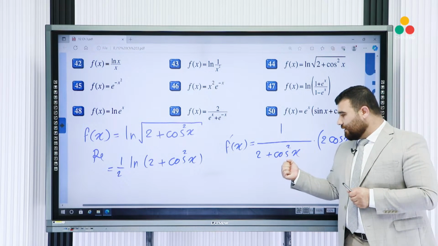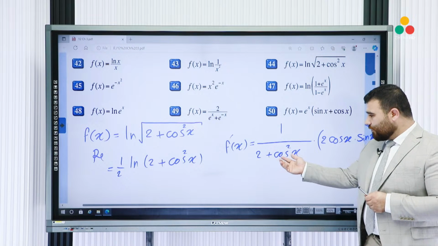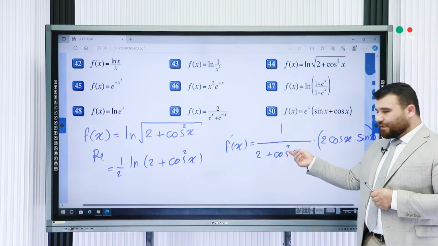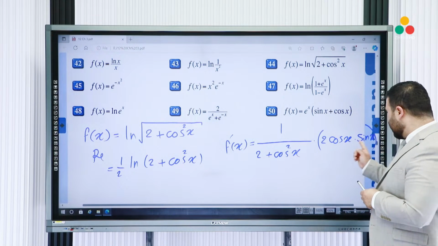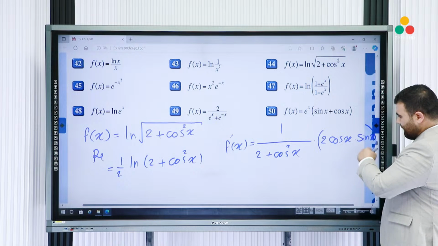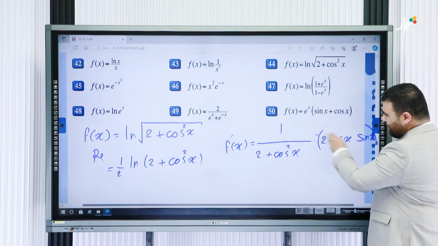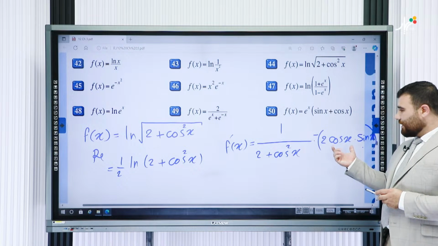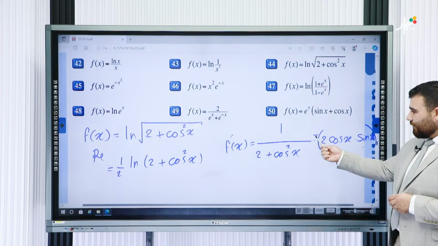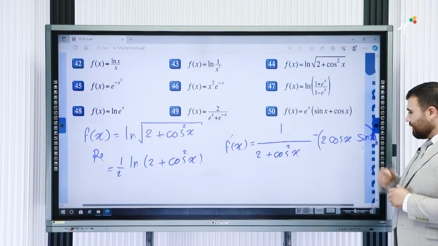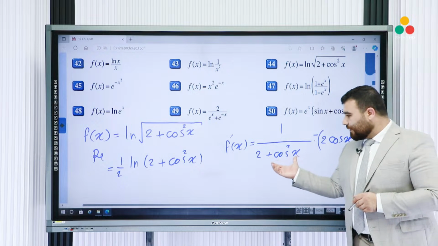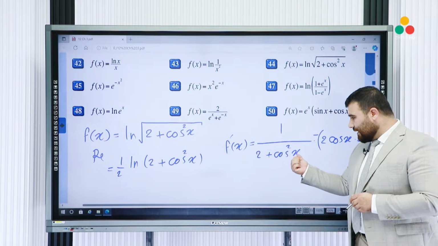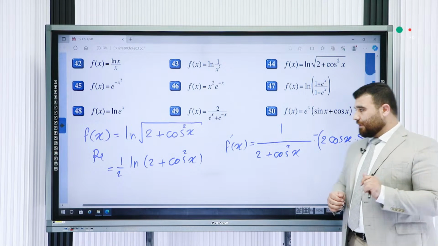Derivative of cosine squared: power goes to the front, cosine as it is, times the derivative of cosine, which is negative sine. Cosine times, we can add the negative here. Negative sign times cosine, it will be negative. I wrote the negative here instead of here. Then times the derivative of inside. Inside is x, derivative of x is just 1.